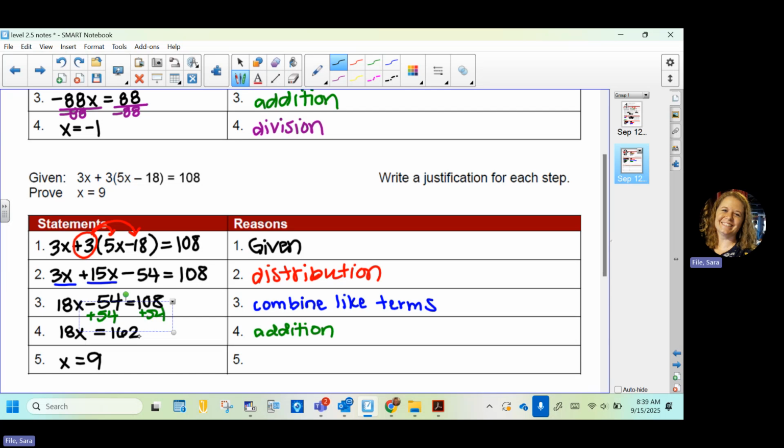And then I'm going to divide both of those by 18. So that is the division property of equality. And 162 divided by 18 is indeed 9. So given this statement, we have proved that x equals 9.